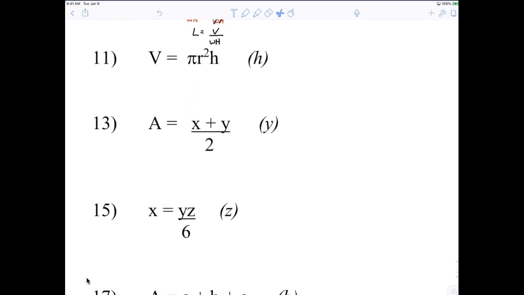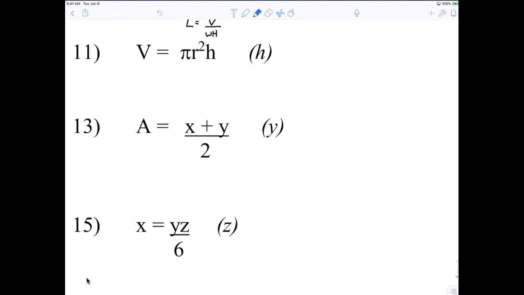Number 21, solving for H. Now again, this one should be pretty easy for you also. Joseph, why is this one easy? So all I have to do is what? That's all I have to do is divide. What am I dividing by?